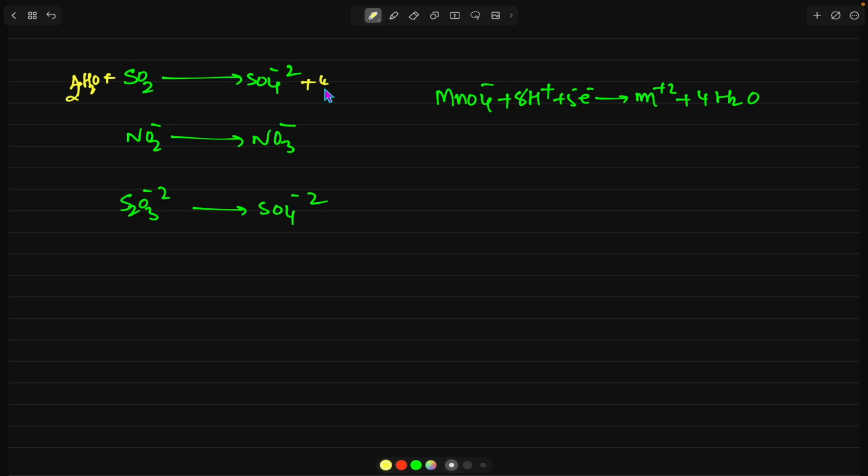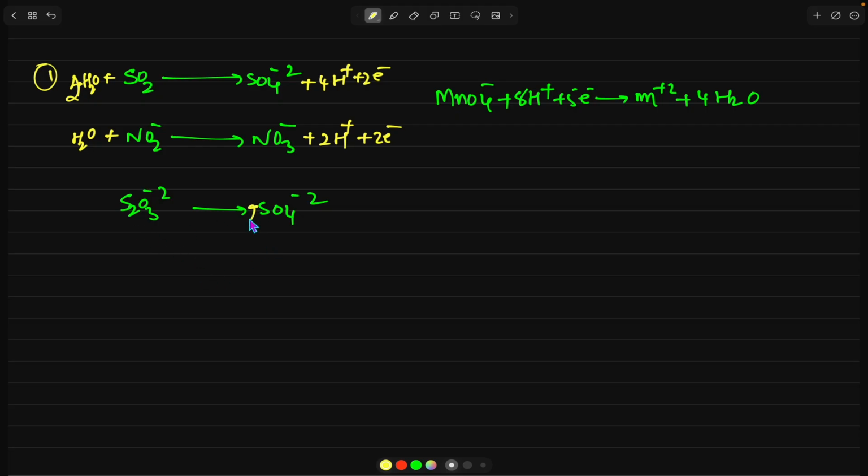So here you have 4 moles of H plus, right? And 2 electrons. So this goes with this, that's what we have seen. This also we will balance. So here you need 1 mole of H2O, here you need 2 moles of H plus, negative charge is 1, so 2 electrons are required here.